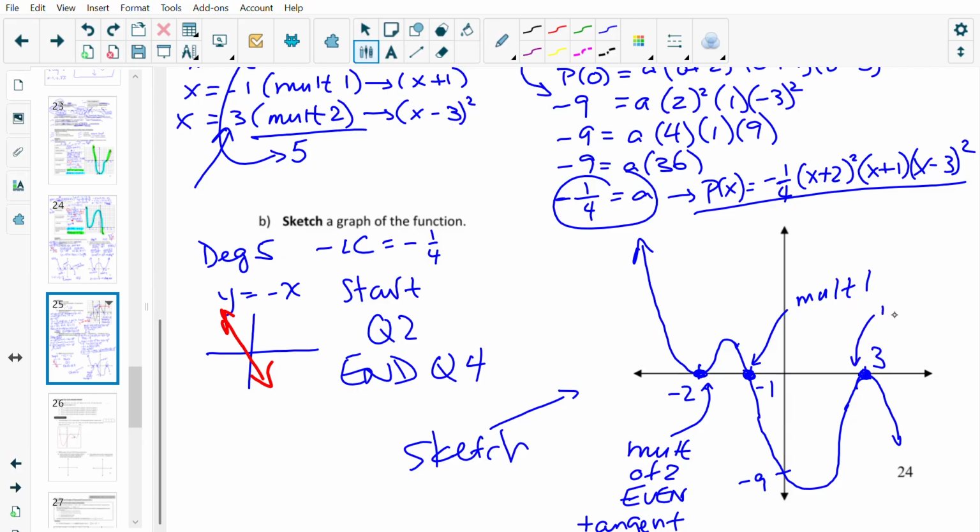X equals -1, multiplicity of 1 goes straight through the x-axis. X equals 3, I have a multiplicity of 2. That's an even multiplicity, so I have a point of tangency again, or that bounce. Okay, and that's it.